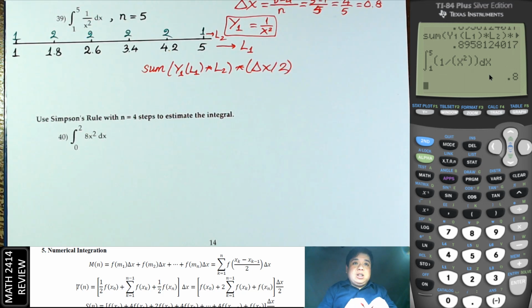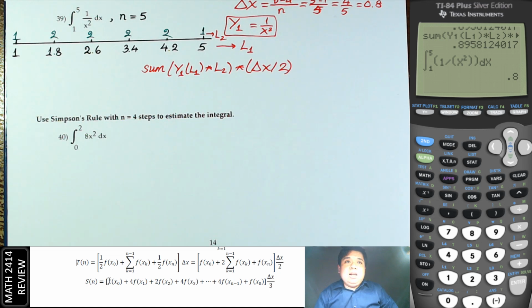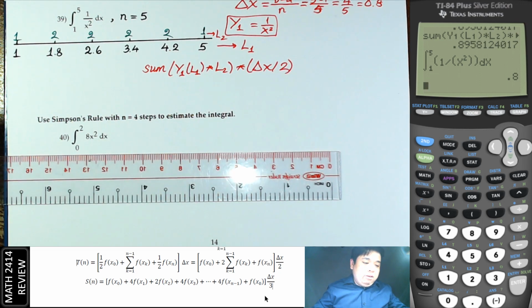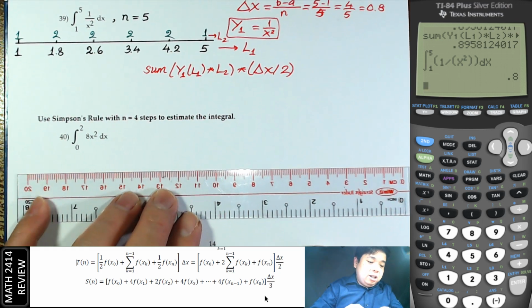Right, next we have the Simpson rule. For Simpson's rule, the coefficients will be 1, 4, 2, 4, 2, and so on, ending with 4, 1, times delta x divided by 3. Right. So n equal to 4, so we divide this into 4 equal segments.